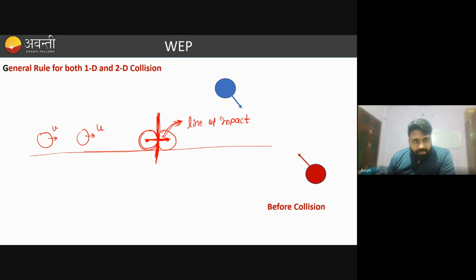So I will write it here: in the general rule, I only include momentum, because energy is not conserved in inelastic collision.